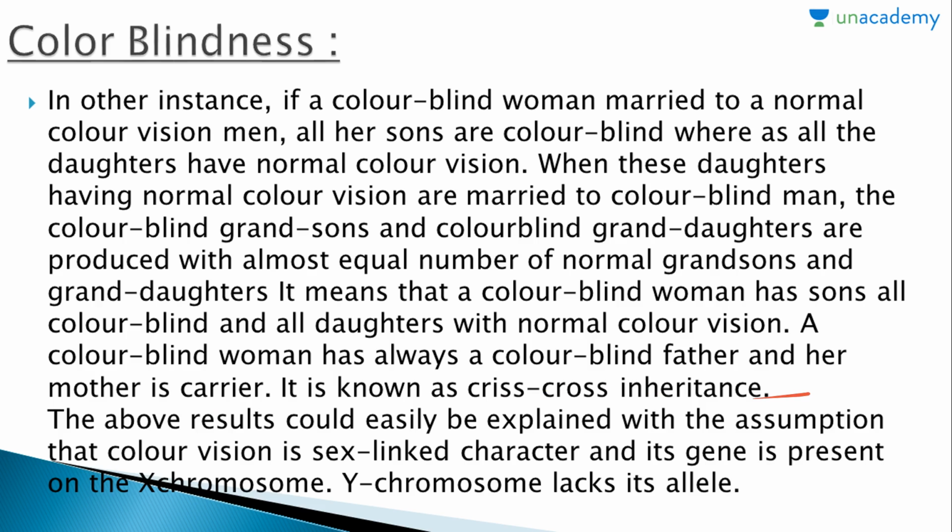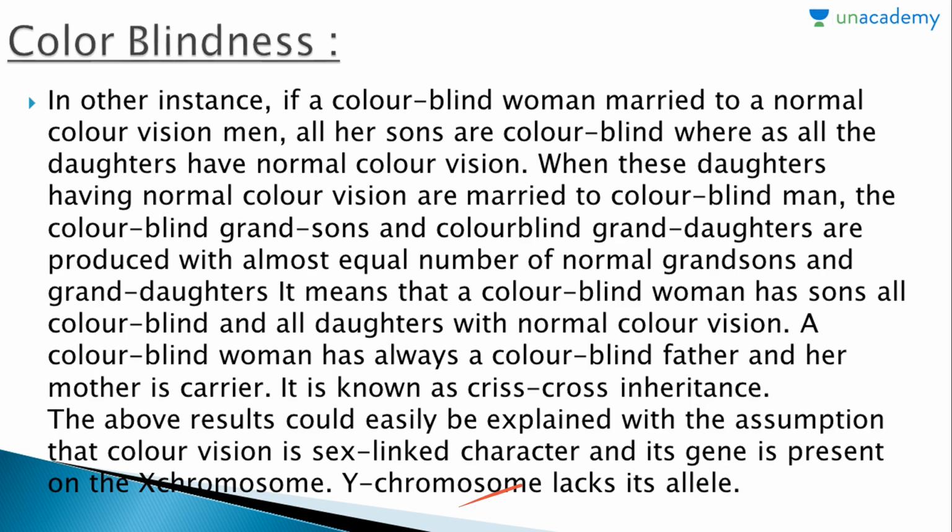It was also seen in the previous lesson, that is hemophilia. The above result can easily be explained with the assumption that color vision is a sex-linked character and its gene is present on the X chromosome. Remember that the gene of hemophilia was also present on the X chromosome.